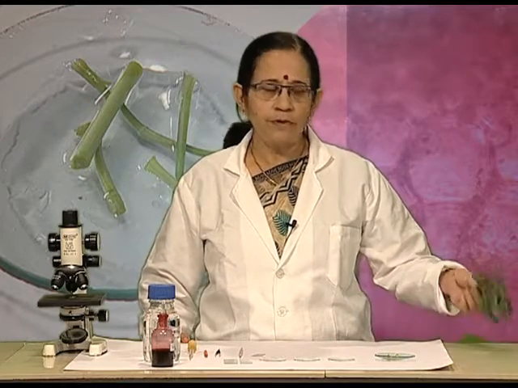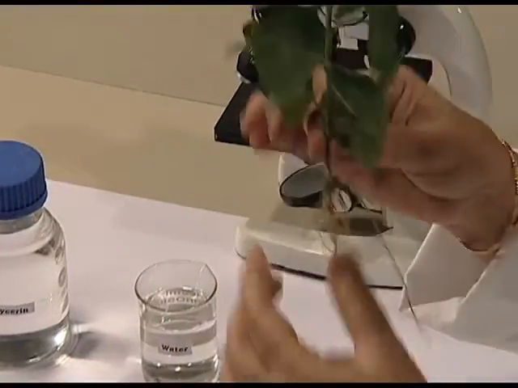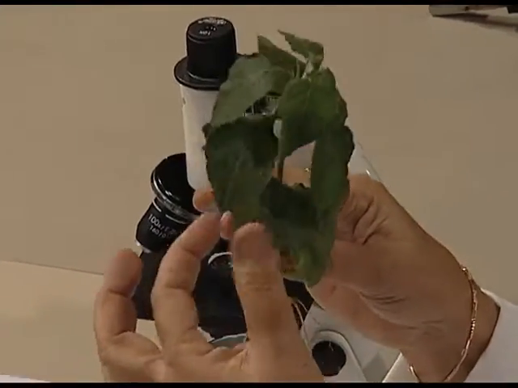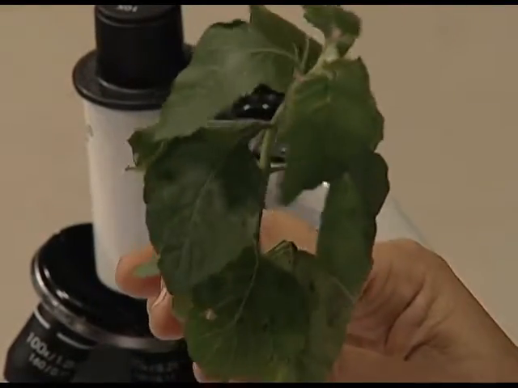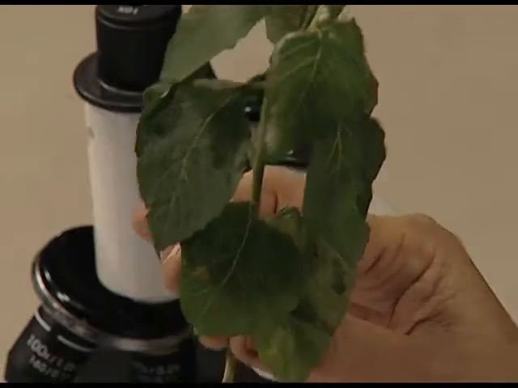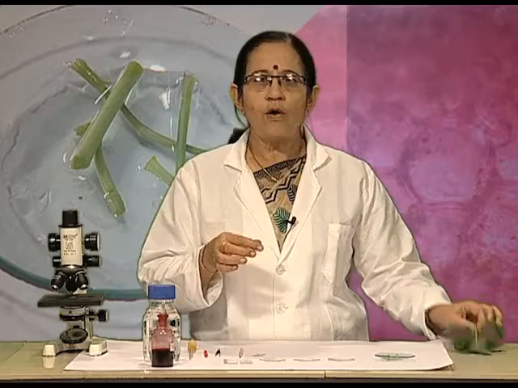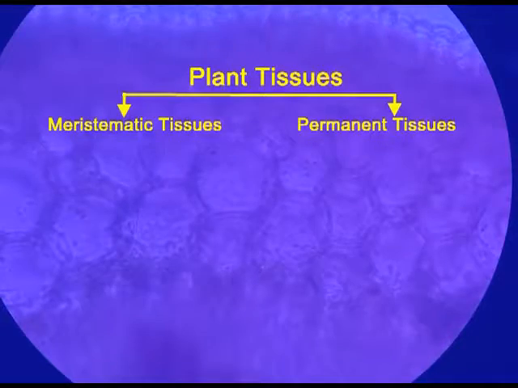Now, observe this plant. This plant has roots, stem and leaves. Each of these organs is made up of tissues, and plant tissues are mainly of two types: meristematic tissues, which are dividing cells, and permanent tissues, which are non-dividing cells.